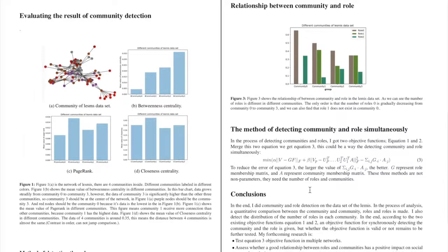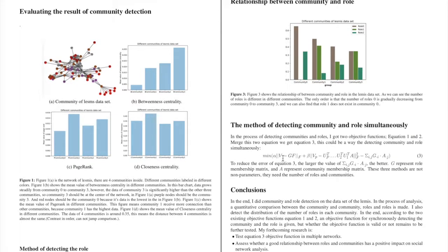And I can introduce the meaning of the different symbols. V represents the filter matrix, and G is the role membership matrix. And F is a Frobenius norm.